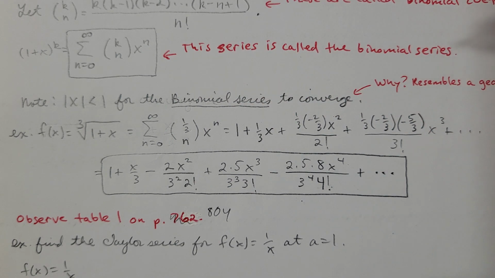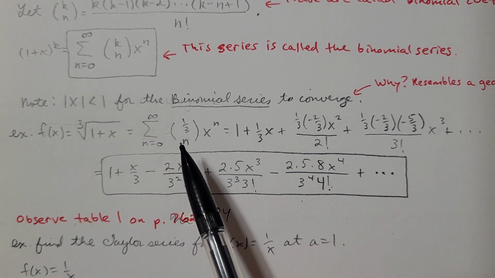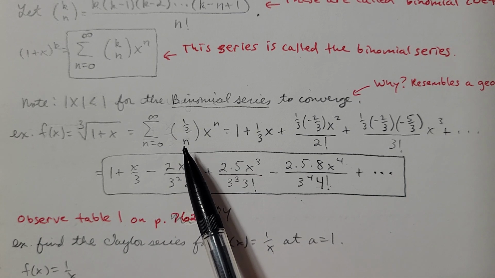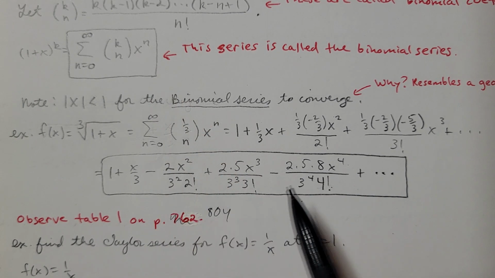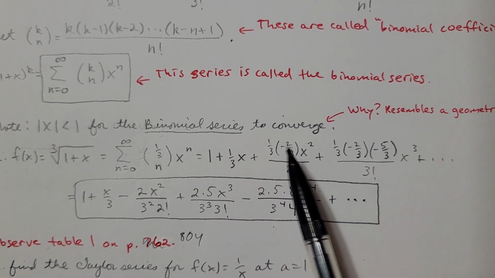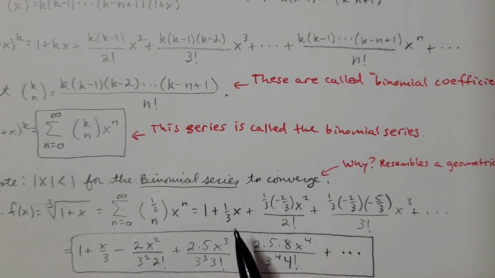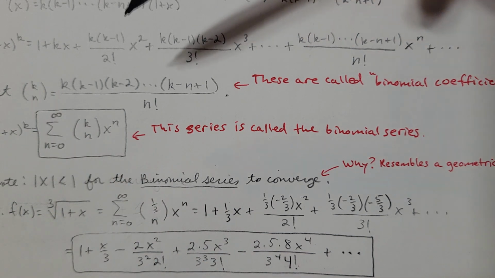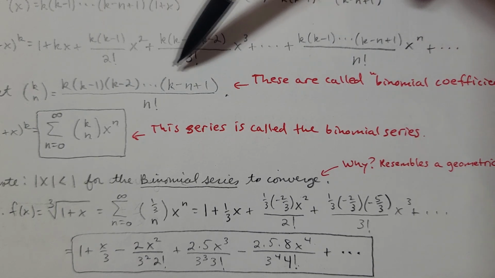So I can look at this as a binomial series, and that is equal to the summation as n equals 0 to infinity of k is 1/3, choose n, times x to the n. Now, in the expanded form here, here's what I get. All I'm going to do is replace k with 1/3 in this formula here.